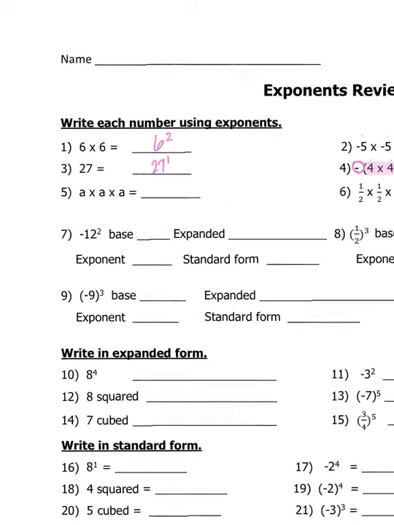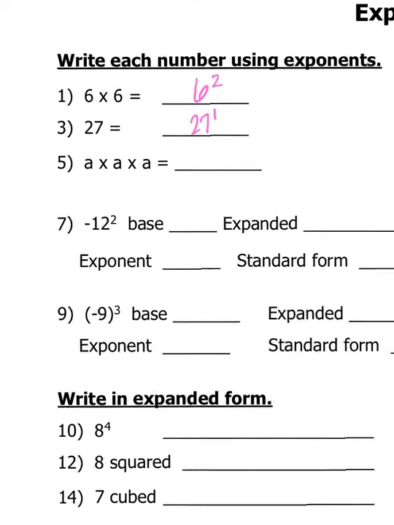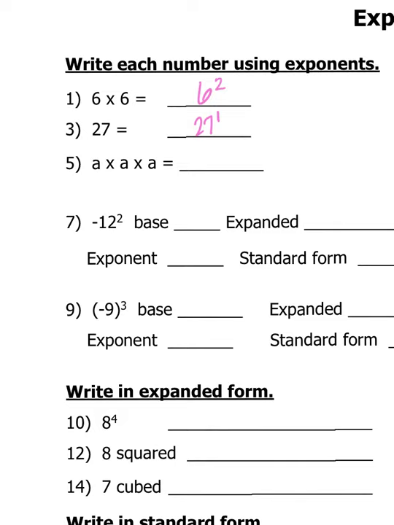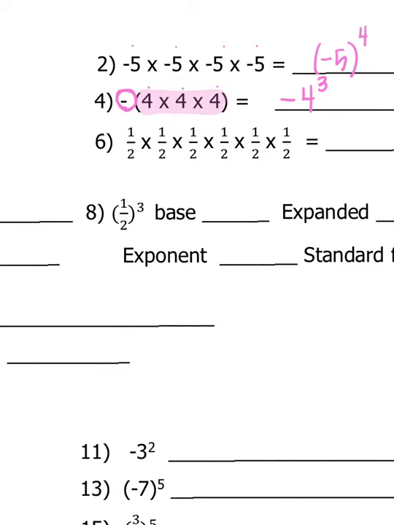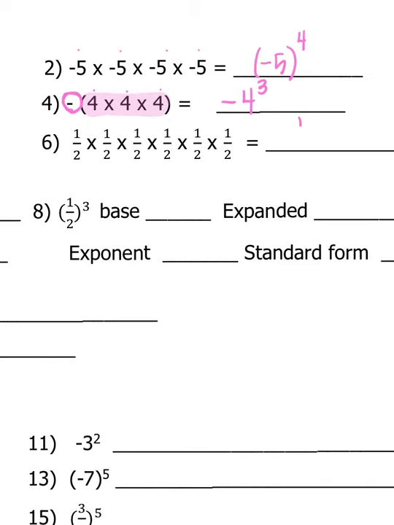And then let's look at A times A times A, which would be A to the third power. And then the last one would be 1/2 to the 6th power.